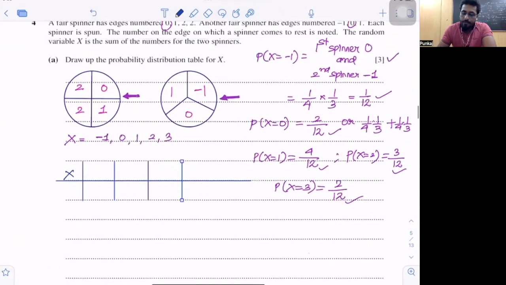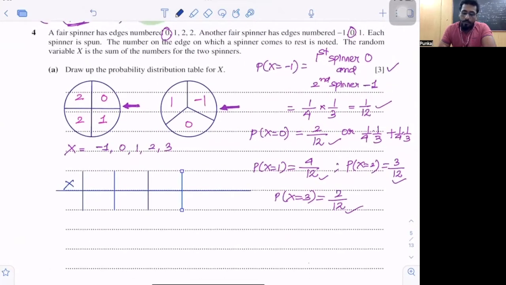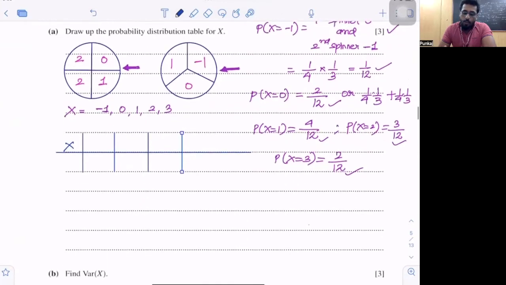We have the values as what? -1, 0, 1, 2, and 3. So I need 1, 2, 3, 4, 5 columns. So again, duplicate it. And one more column. That's the last column that is needed.